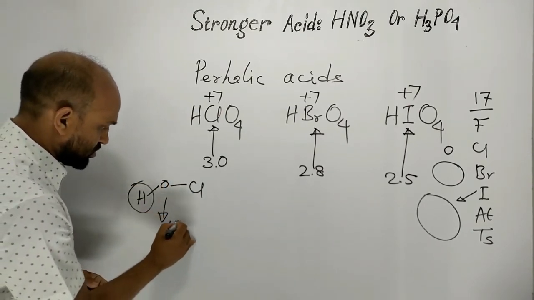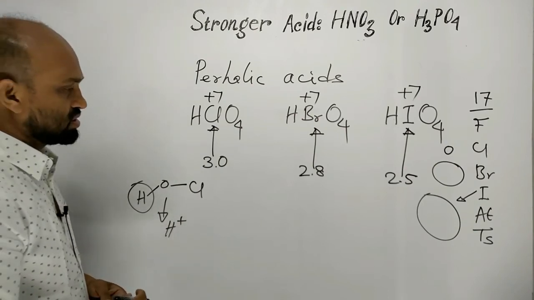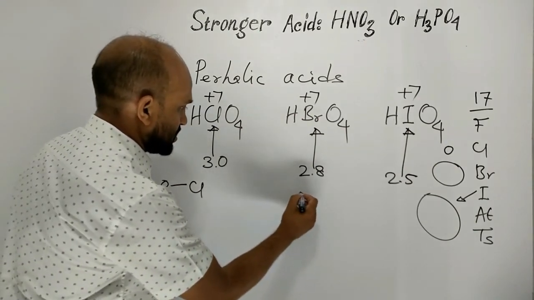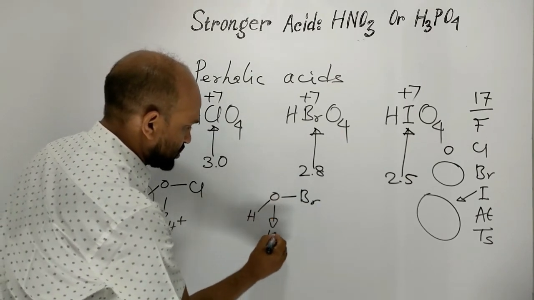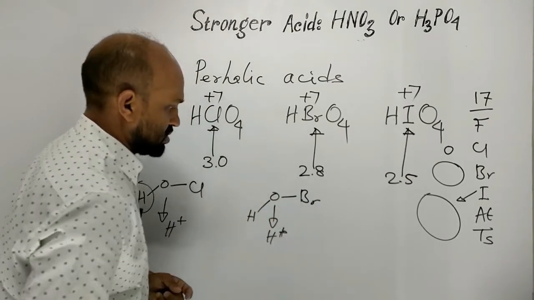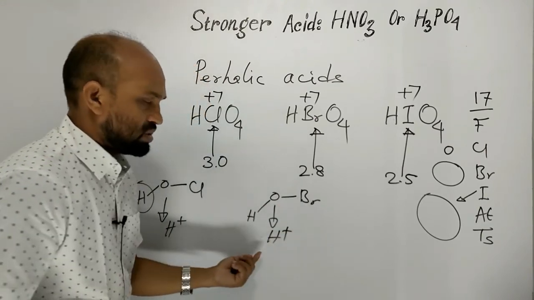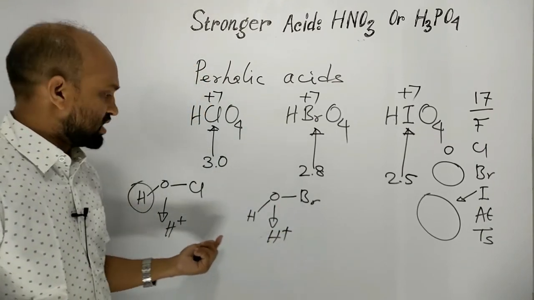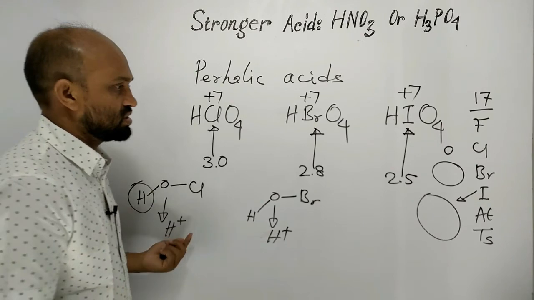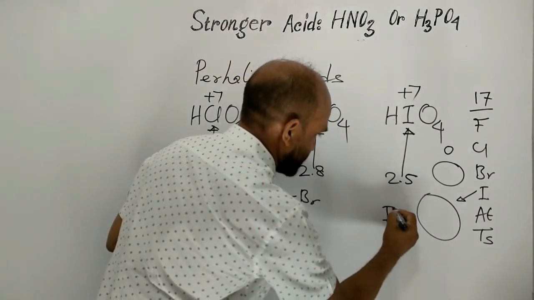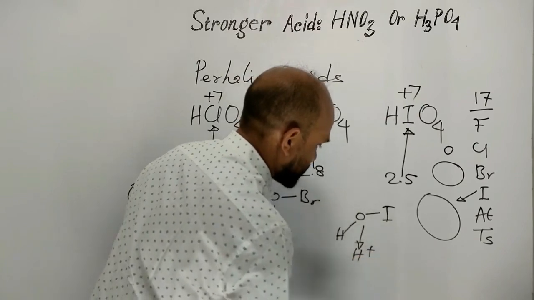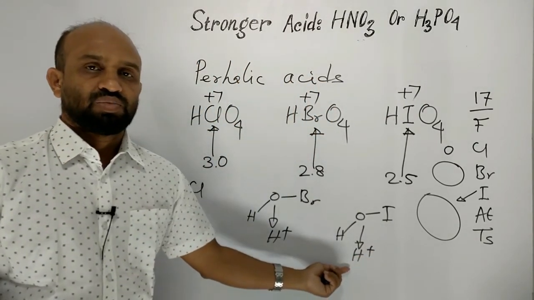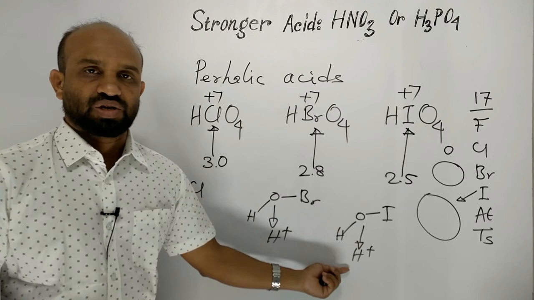produces proton easily, then perbromic acid produces proton not easily like perchloric acid, and periodic acid produces proton but not comfortably.